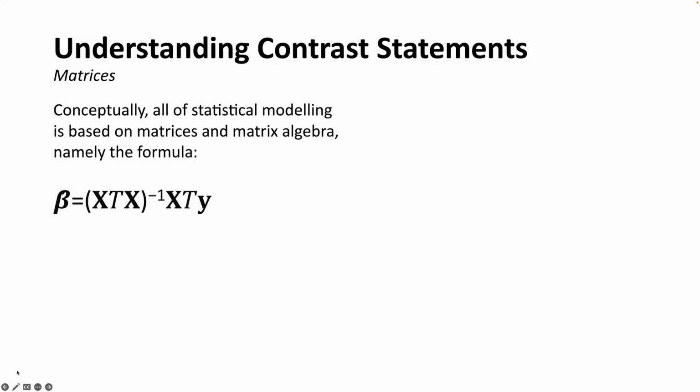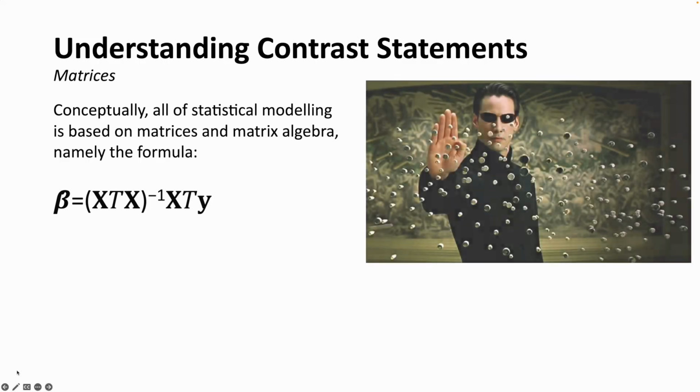So conceptually, the point of all this is that all of our statistical modeling is going to be based on these matrices that we develop. In matrix algebra, this is formally named, namely the formula of (x transpose x) inverse times x transpose y. This is the way that we would develop our betas within a linear regression.